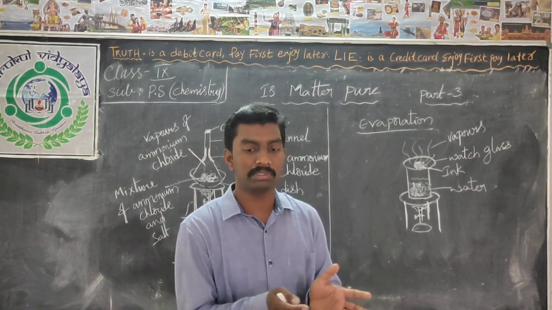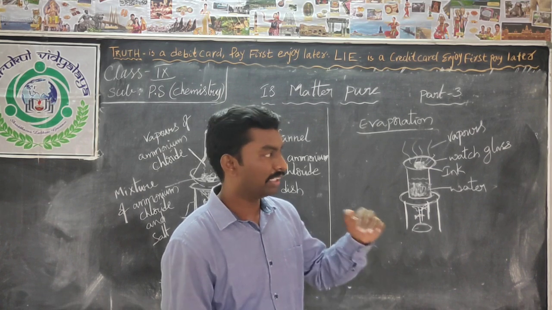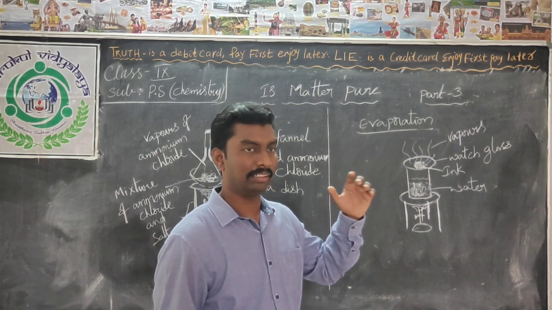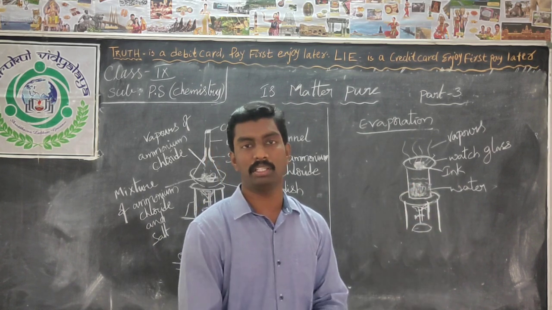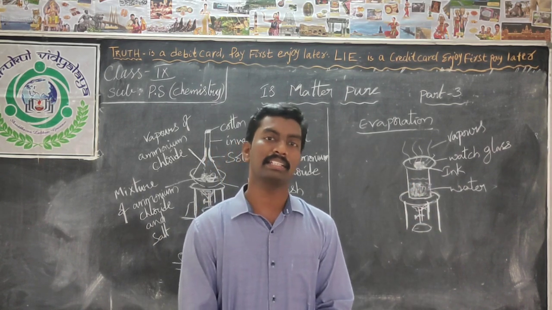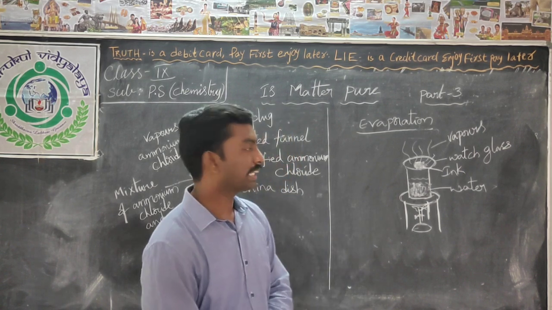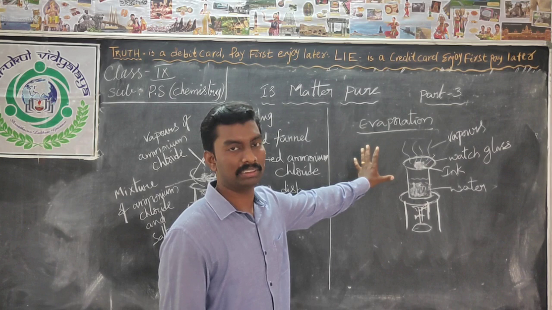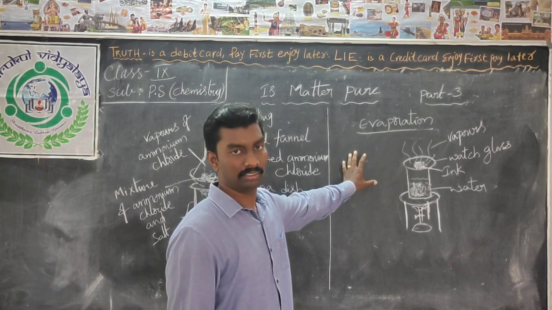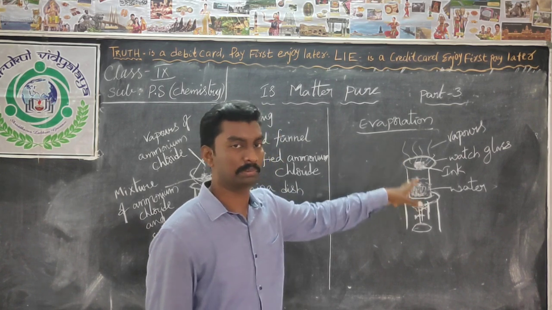So when we heat those substances, the less dense substance will rise up, and the more dense will be left there. By that we can separate them. This is the evaporation process, by which we understand the separation of substances.